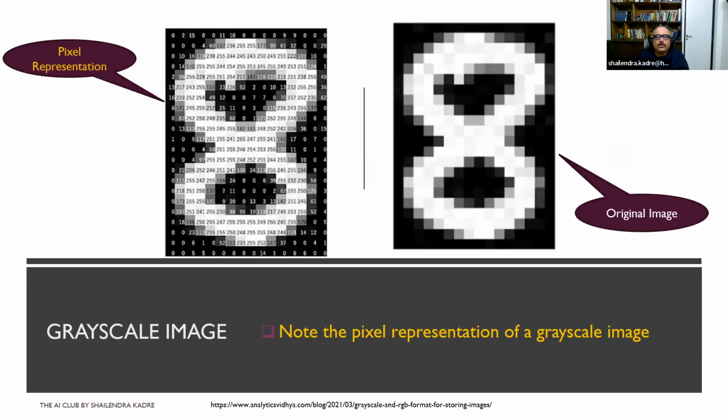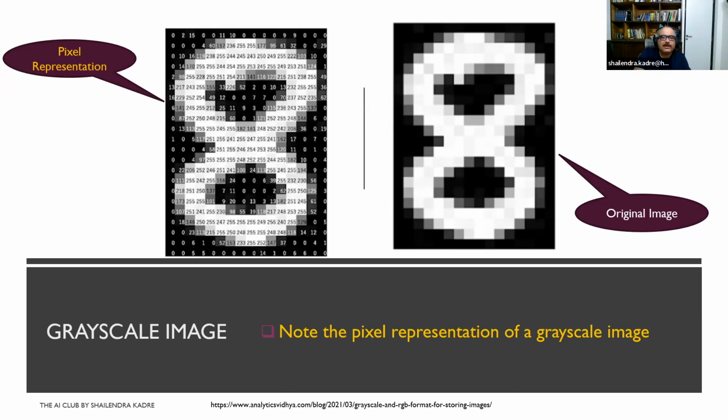Then let us go to a grayscale image of an 8. You have seen this 8 image on the right hand side. It is a simple 8 drawn with the help of a computer. When I say each pixel is 0 to 255, then it becomes the left hand side image.